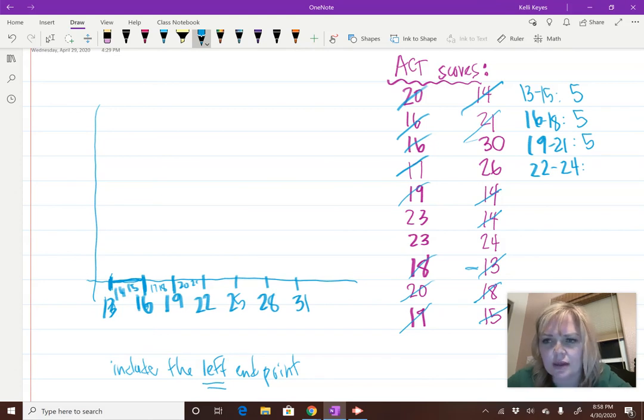Some of you are probably thinking, well, 22 to 24 is only 2, but remember you're including 22, 23, and 24, so it's really a width of 3. So 1, 2, 3. Then we have 25 to 27, and then 28 to 30. So 25 to 27 is just the 1.